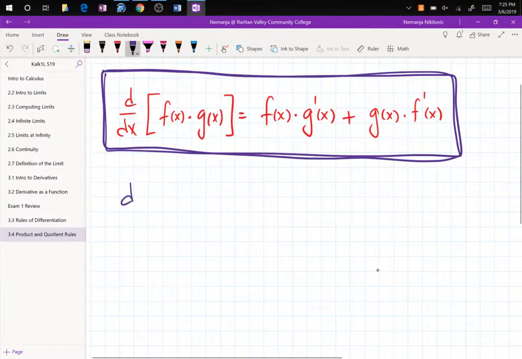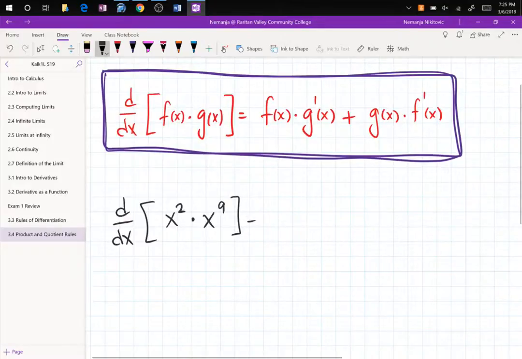So if I have the derivative of x squared times x to the 9, we will label x squared as f and x to the 9 as g. And then we just go and plug things where they belong in the formula on the other side.